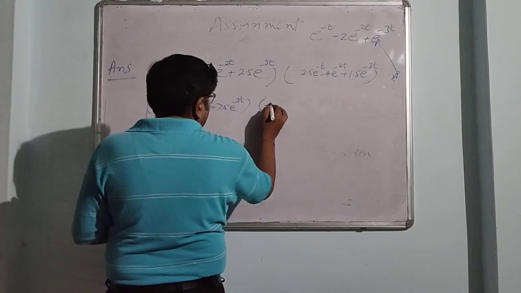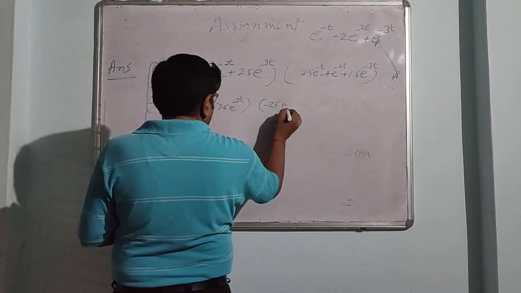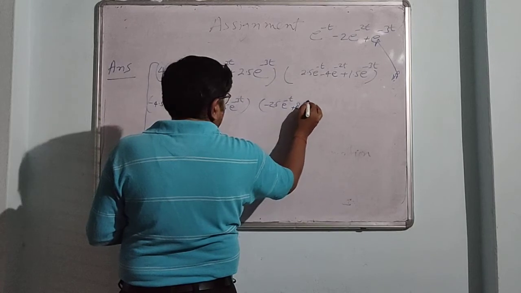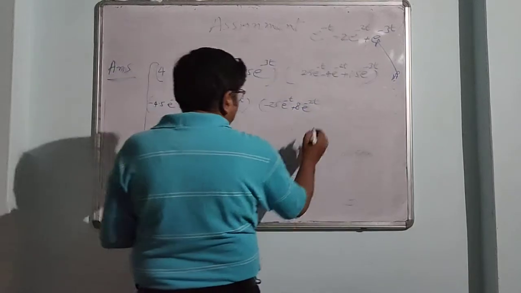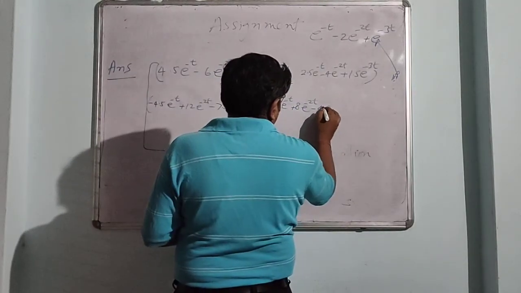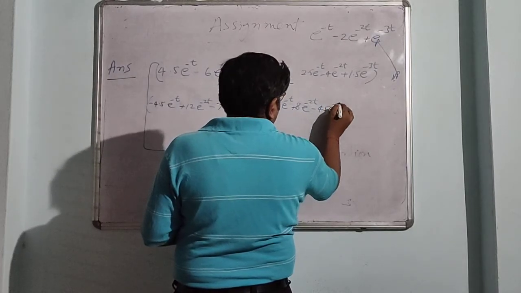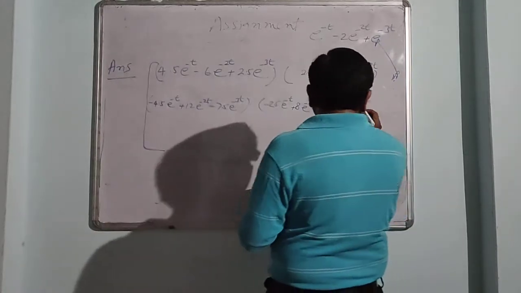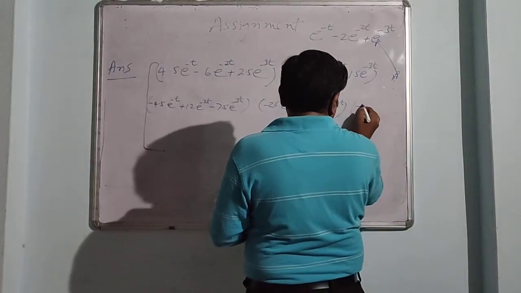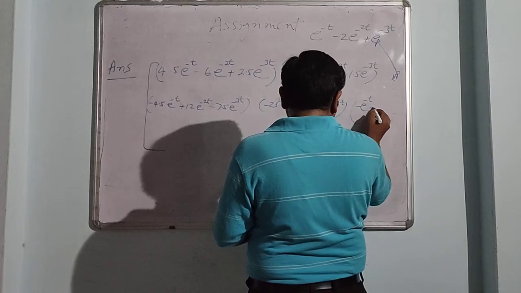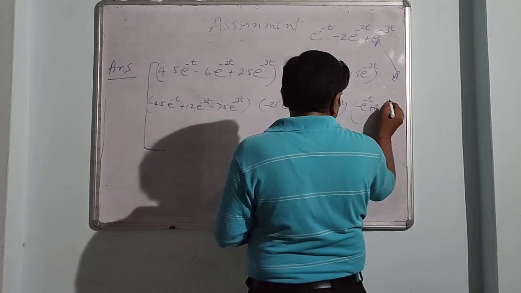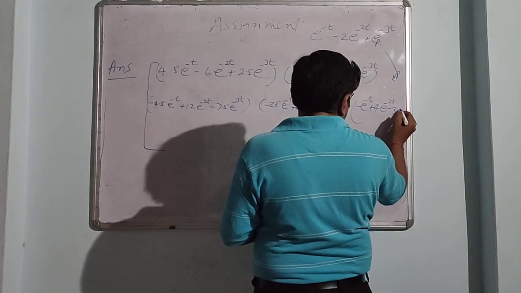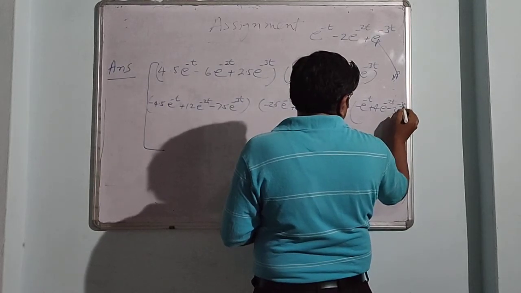Second term is minus 2.5 e to the power minus t plus 8 e to the power minus 2t minus 4.5 e to the power minus 3t. And here the third term is minus e to the power minus t plus 4 e to the power minus 2t minus 3 e to the power minus 3t.